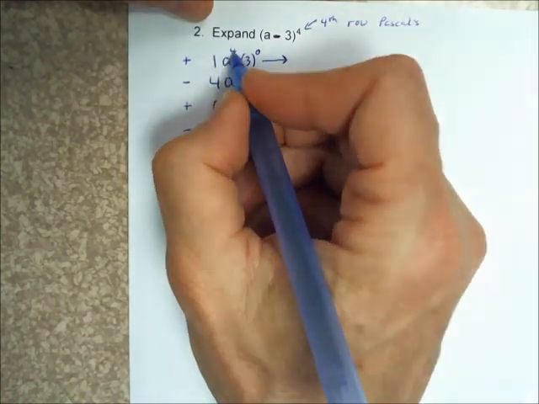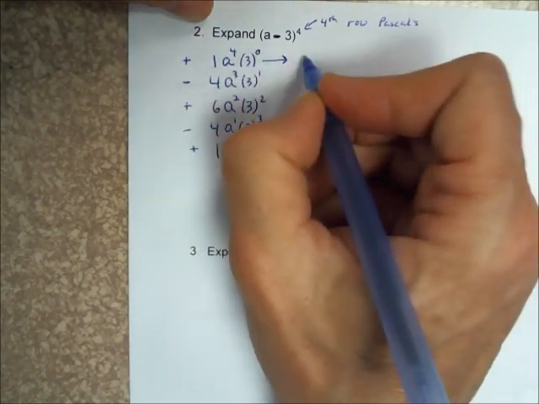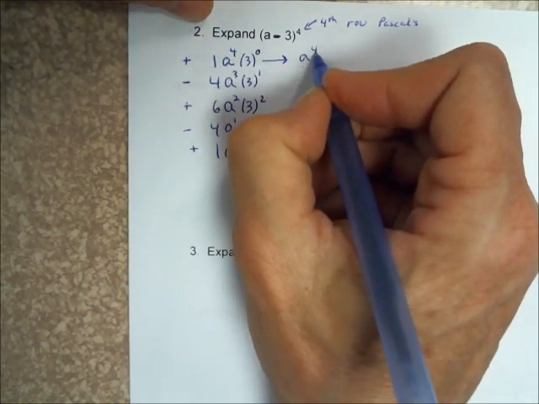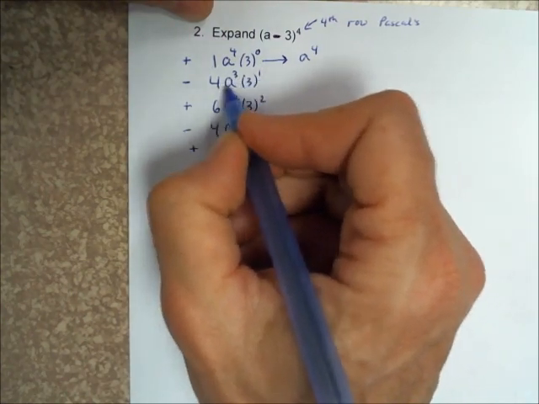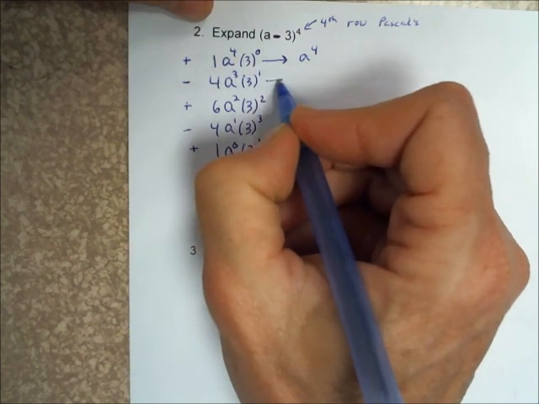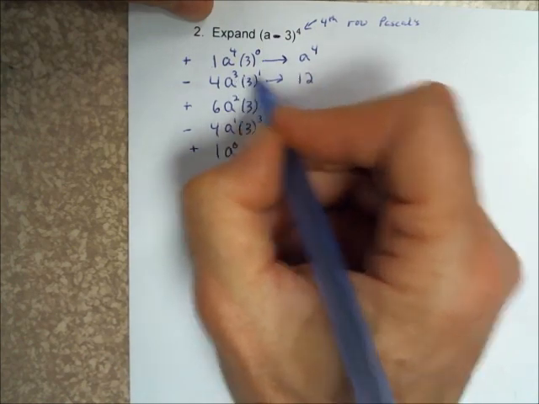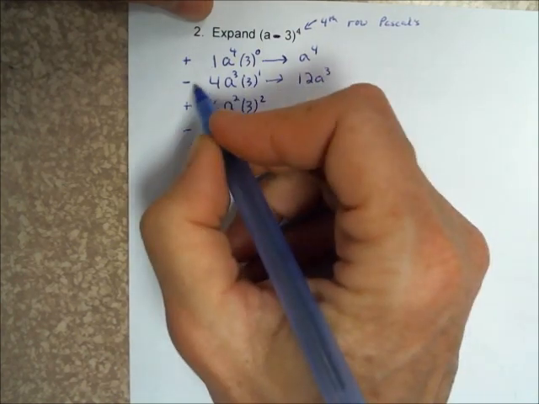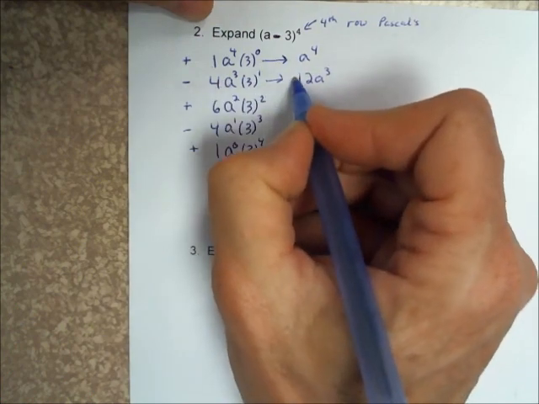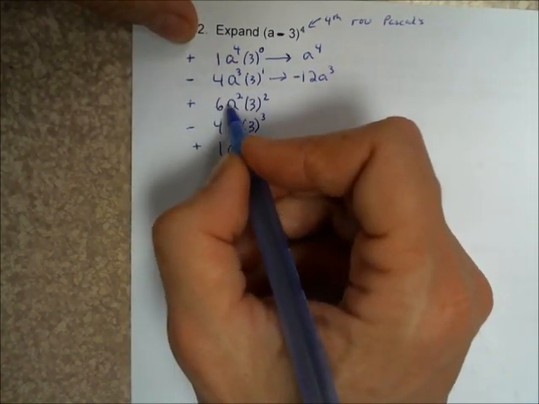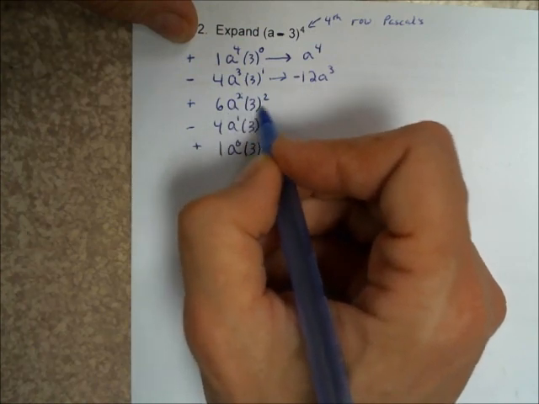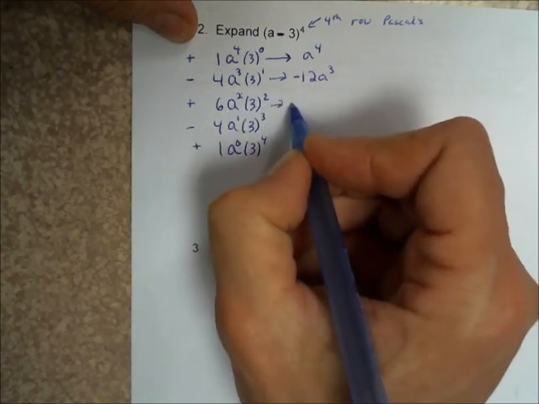1 times a to the 4th times 1 is a to the 4th. 4 times a cubed times 3, 4 times 3 is 12, so 12 times a cubed. But this is going to be a negative term because of that minus. Now we have 6 times a squared times 9. Well, 6 times 9 is 54.